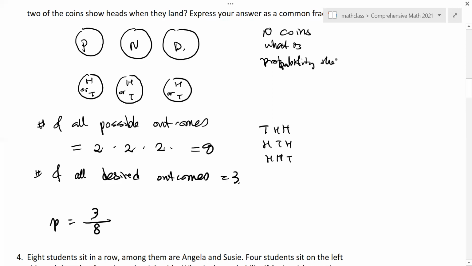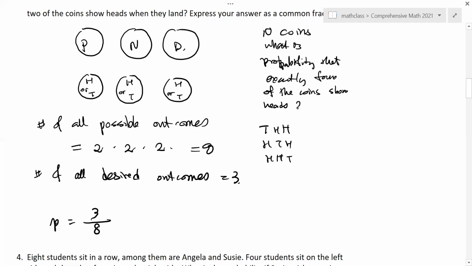Probability that exactly 4 of the coins show heads.